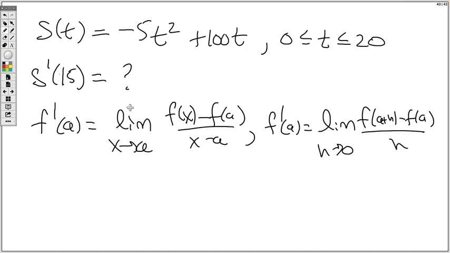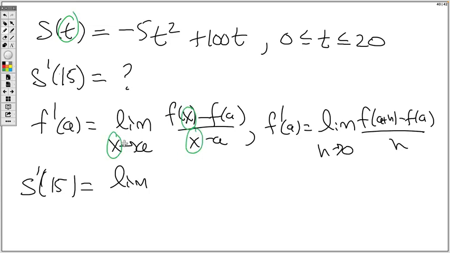So let's just use the first one. So S prime of 15 would be the limit. Now here's the thing. The variable here is not x, it's what? T. So we need to put that in there. And then the a, the number we're looking at, is what? 15. So this would be the limit, not as x goes to a, but rather t goes to 15.